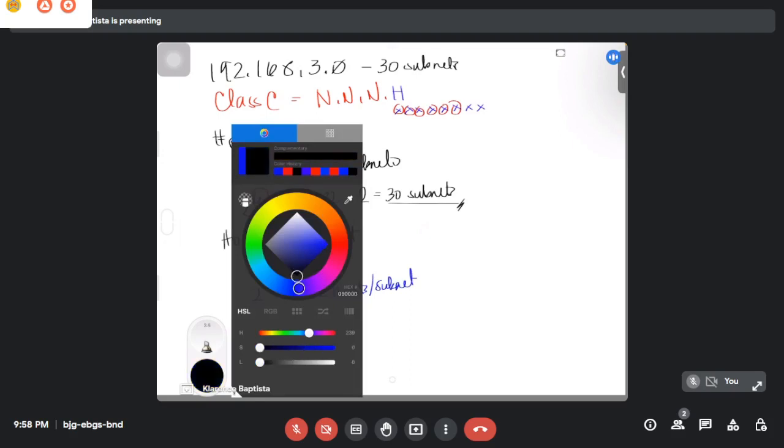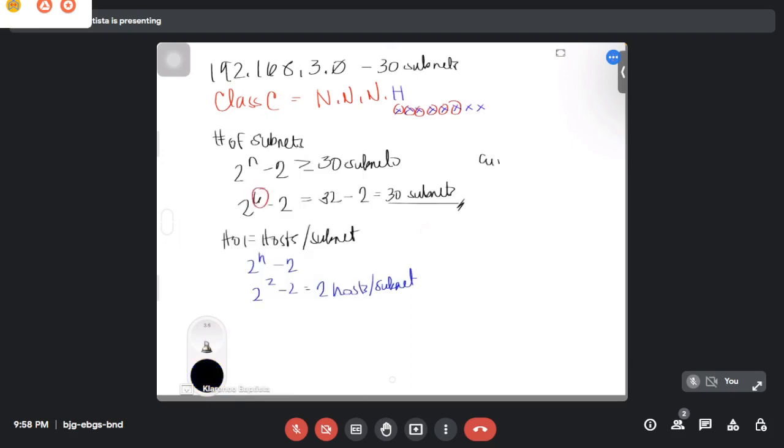So if we're going to get the customized subnet mask, it's 255.255.255. Ilan to? We have 128, 64, 32, no, 16. We have 8 and we have 4.